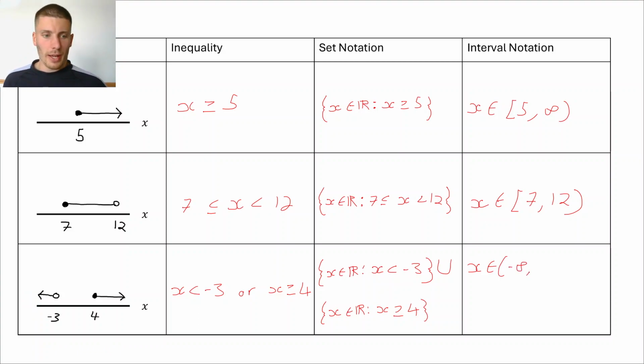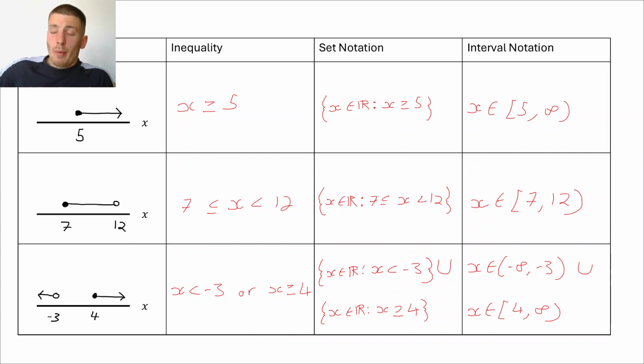And then also -3, and again we don't touch it, so we use a curve bracket. And then again we're using a union, and then a separate region x belongs to, and we do include number 4, and we're going all the way this time from 4, include it up to infinity, but we don't include it infinity, so we use infinity symbol but with a curve bracket. And there we go.